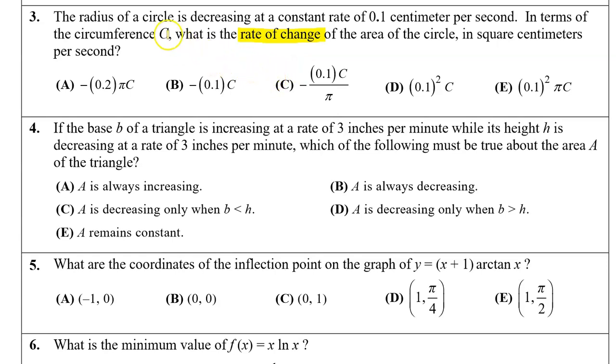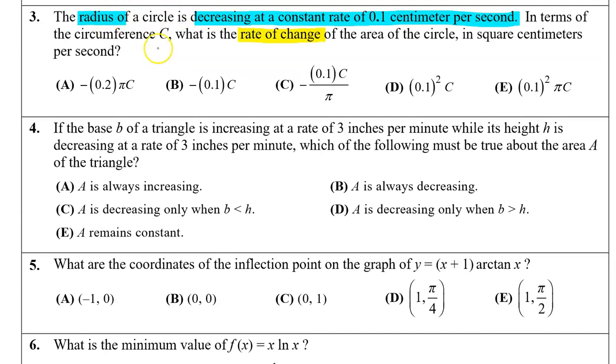And the first thing I like to do is write down any rates that I'm given, any rates that I'm trying to find, and any other facts that I'm given. So they mention that the radius is decreasing at a constant rate of 0.1 centimeters per second. So we are talking about the rate of change of the radius.